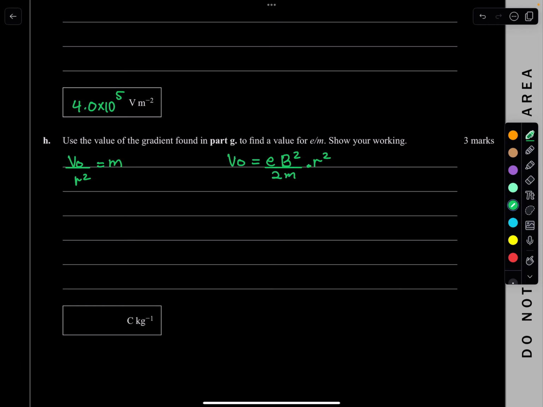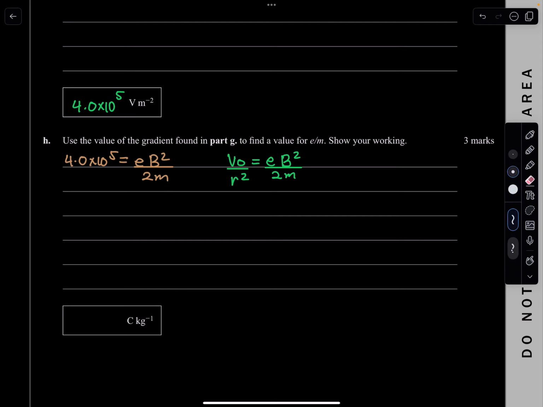All right, so we want to basically get this here. How can we do that? Well, if I divide both sides by R squared, have a look at this. This basically cancels out. Guess what we get? We get the same as this. So our gradient, which is our 4.0 times 10 to the power of 5, should be equal to this here, which is EB squared over 2M.